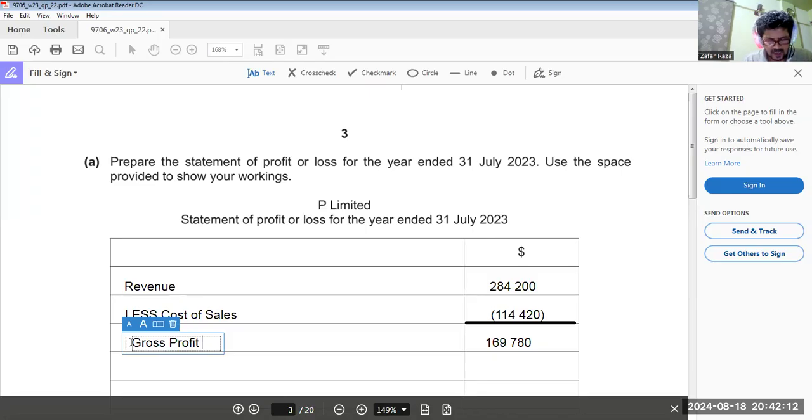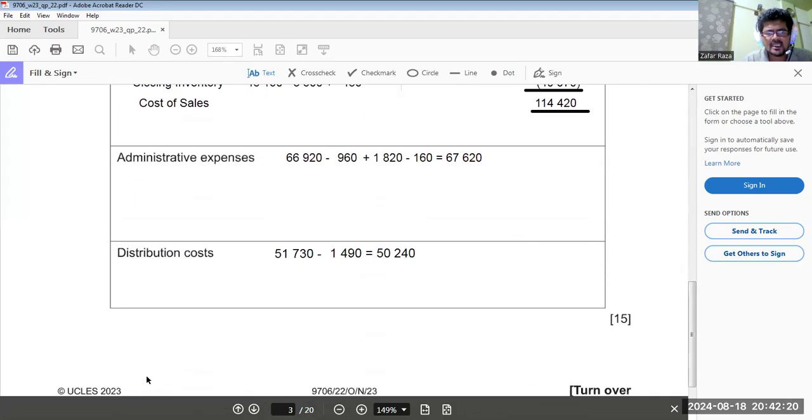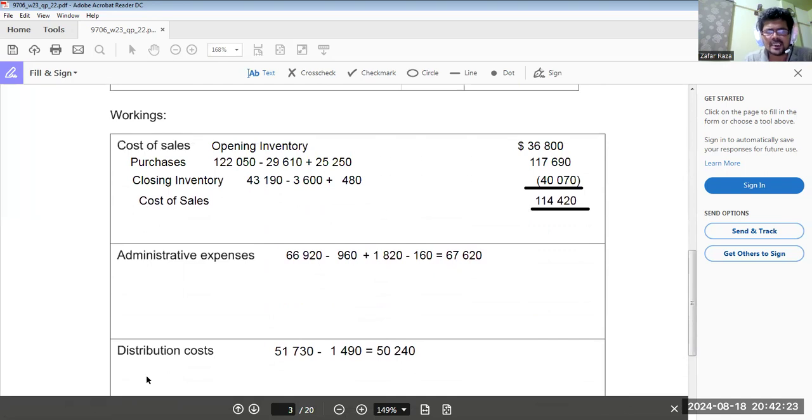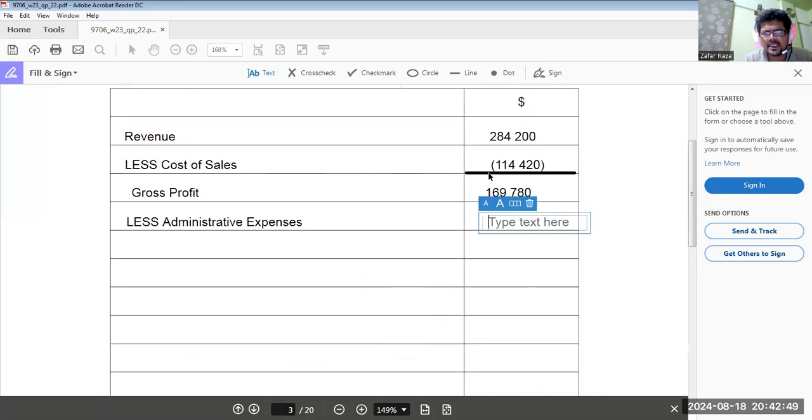Okay. Now we have to deduct the big expenses, administrative expenses and distribution expenses. We have already calculated administrative 67,620 and distribution 5,240. Now less administrative expenses. That was how much? 67,620.